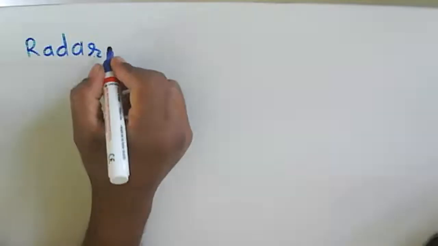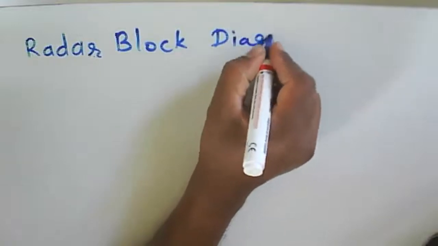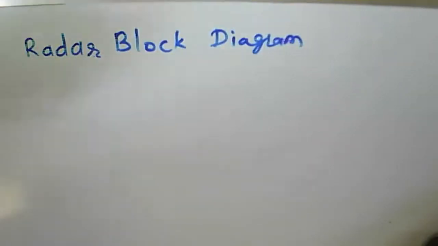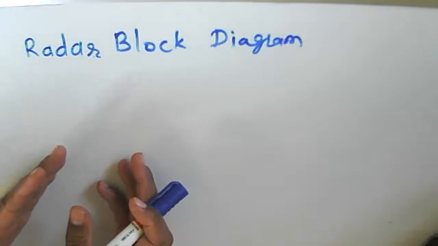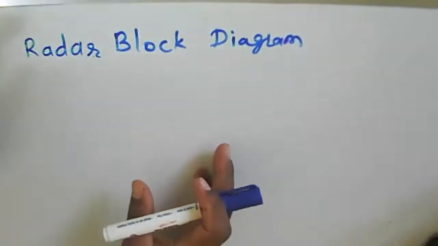Next we consider a radar block diagram, an overall diagram, to understand exactly what components are there in the radar. For this purpose we need to understand the requirements for designing the radar.